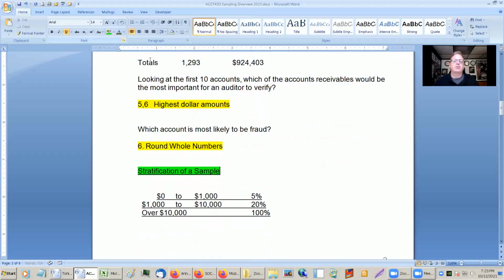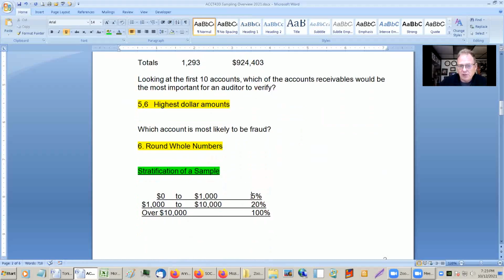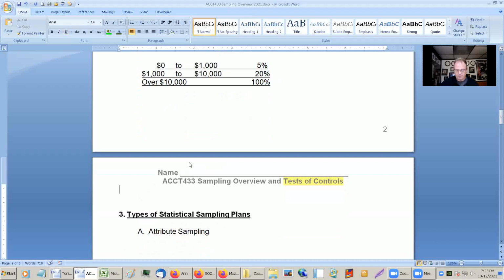Stratification is when you take the sample and say, okay, we're going to stratify it, and the little ones can still be picked. We're not excluding any of them, but they're just less likely to be picked than, say, the 1,000 to 10,000. And if they're over 10,000, there's a 100% chance of getting picked. Okay.